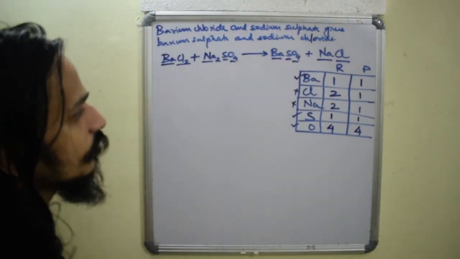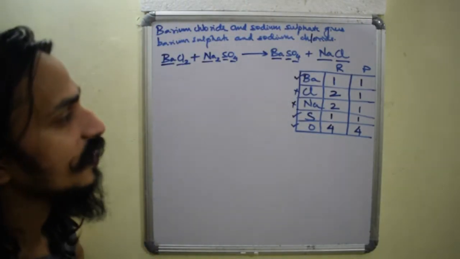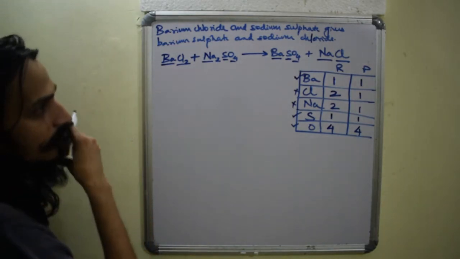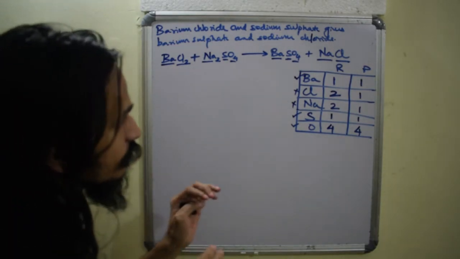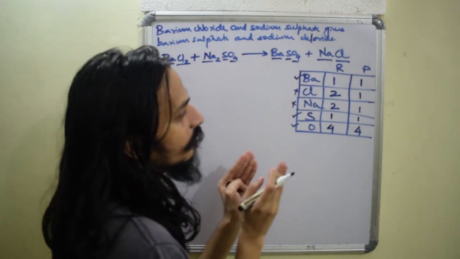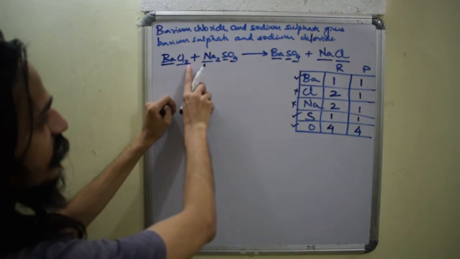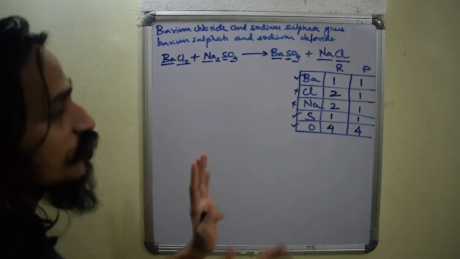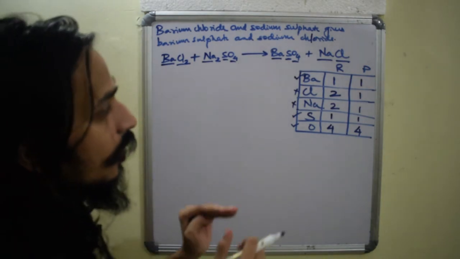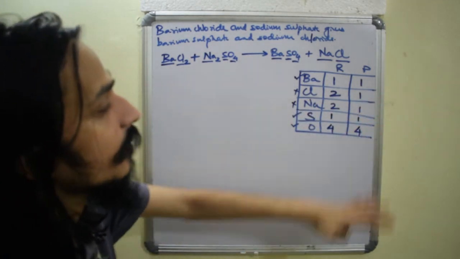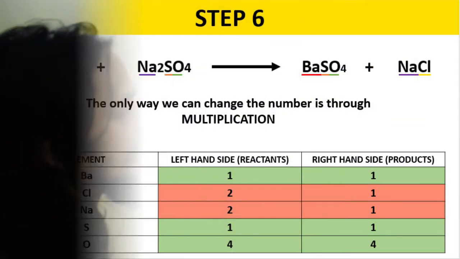The next thing I'll do is, how do I make sure that they become equal? Over here we cannot change any of these numbers. Notice that these numbers have to be as they are. You cannot change those numbers. What I can do is change somehow by multiplying.